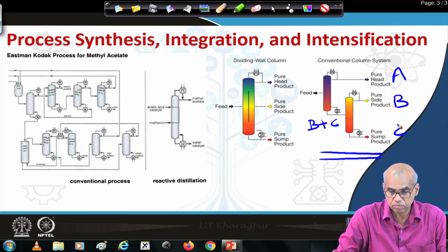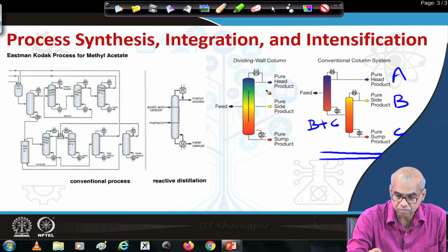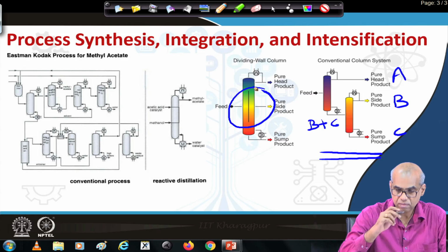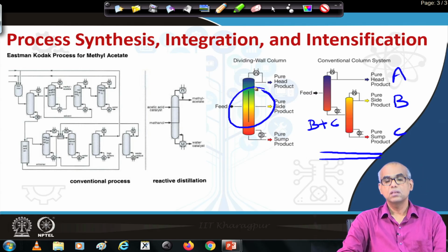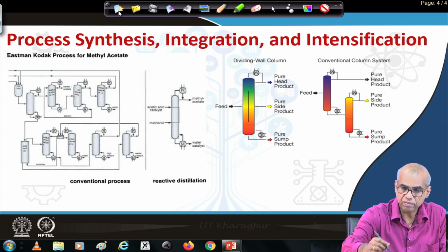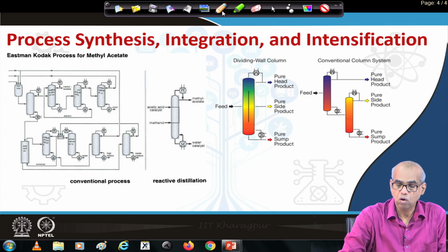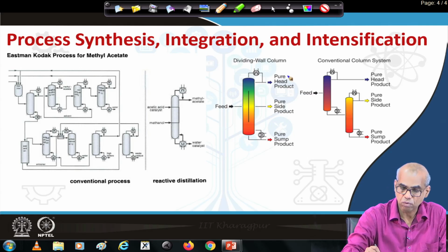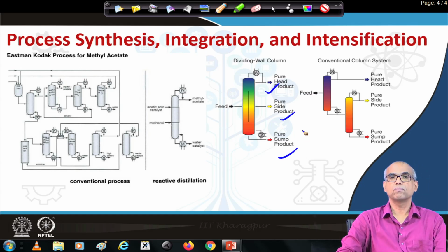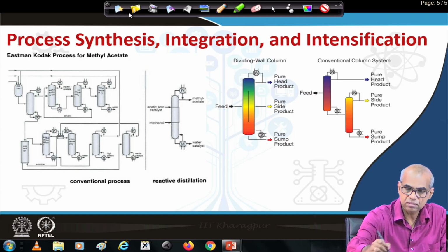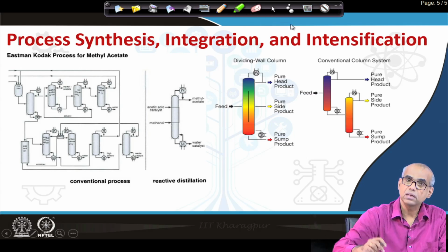But in case of dividing wall column, you are putting a wall within the distillation column and then it is possible to separate all 3 components from the same distillation column. Again, this is leading to process intensification.